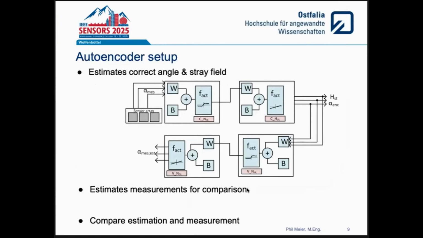These values are fed back into another network that's trained to do the calculation in the other direction, and here we get an estimate of the measurements from the sensor array. Now we can compare both values and see what we got.